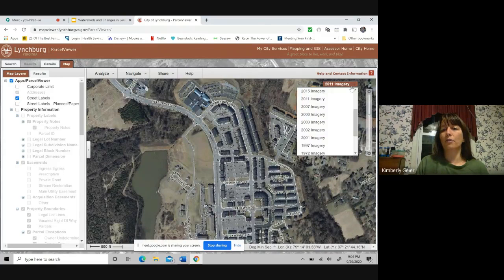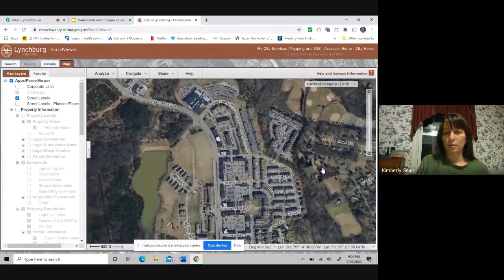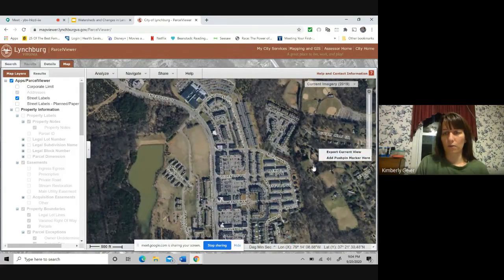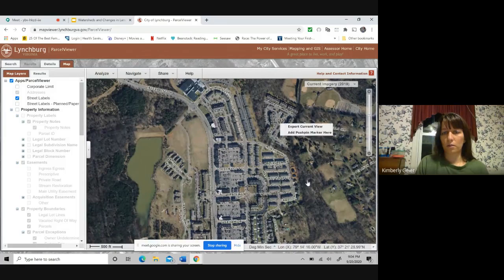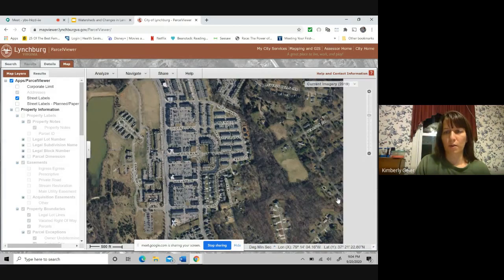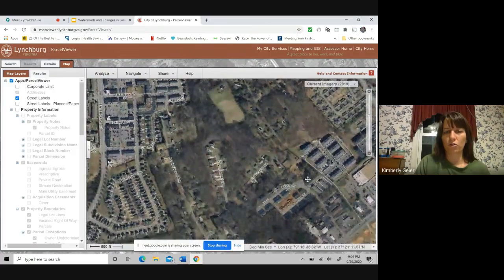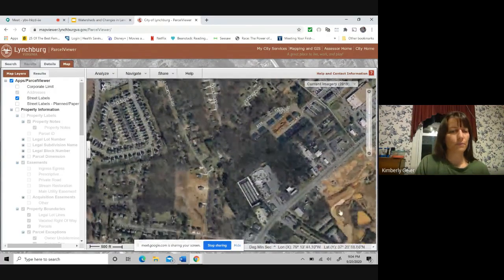How about another nearby area? So we're going to go back to today. You can see all of the... I should have attached my mouse to my computer. So let's cross Timberlake Road.